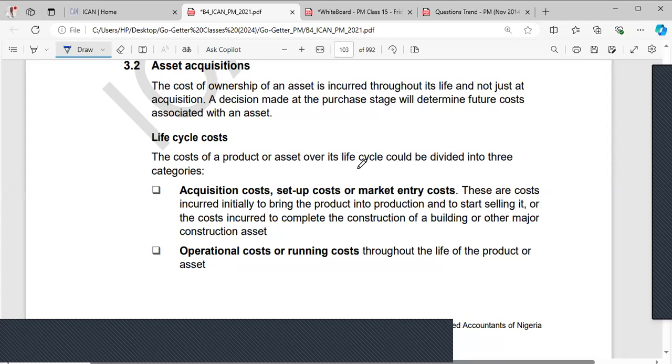If it's electric, you also have the electricity bill. If there is no light, you now need to power it with a generator. You need to service the generator and repair it when it is damaged. All these are operational and running costs.